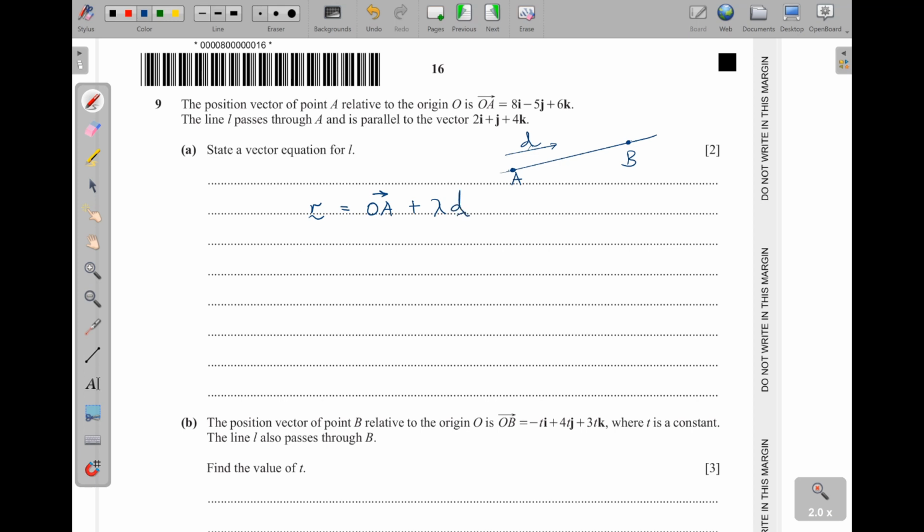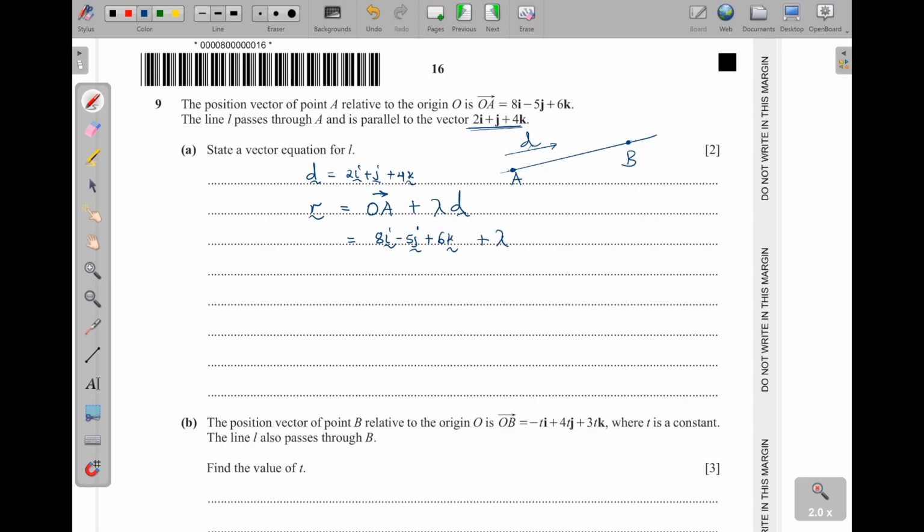So for this case, this is the vector which is parallel to the line. So that is going to be its directional vector, 2i plus j plus 4k. So meaning we are going to have our OA, which is 8i minus 5j plus 6k, then plus lambda, a scalar.